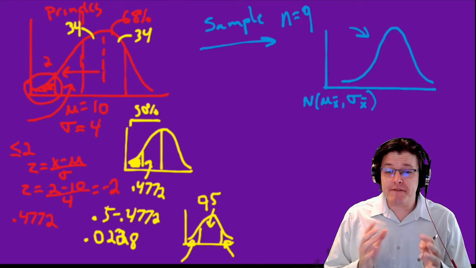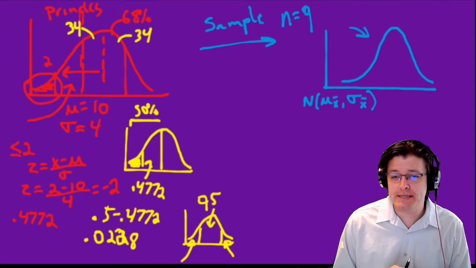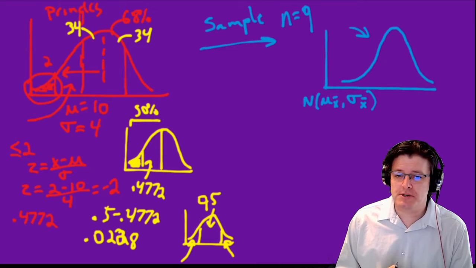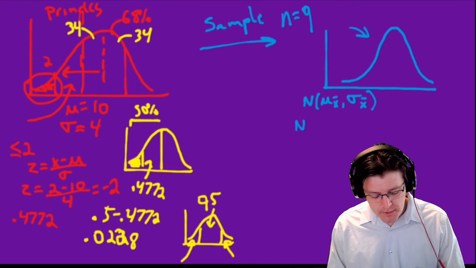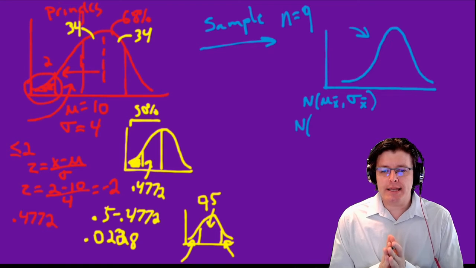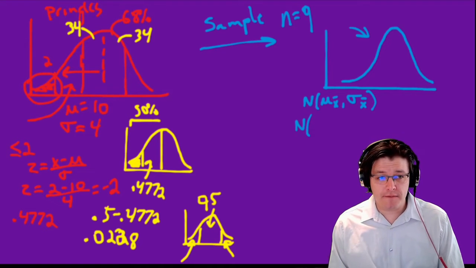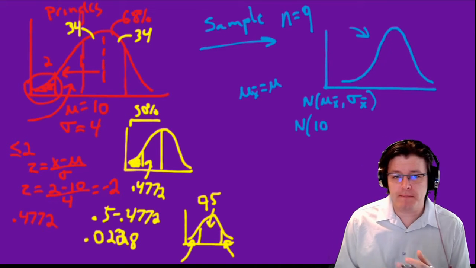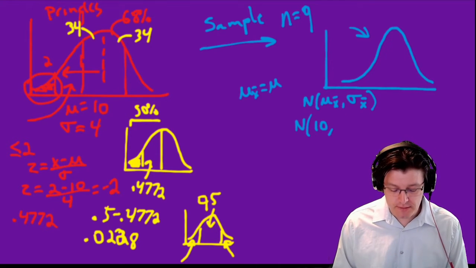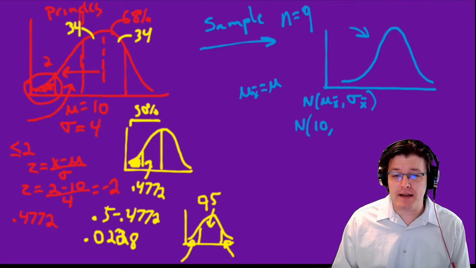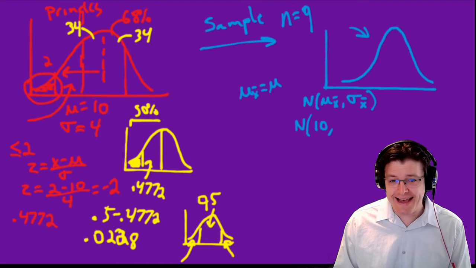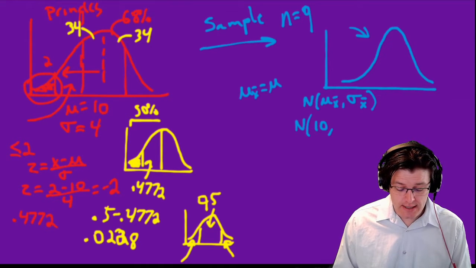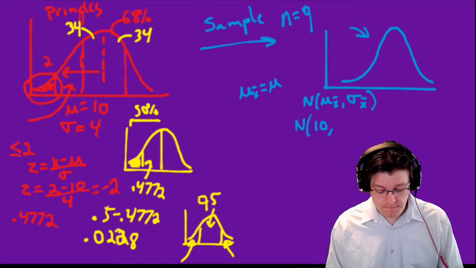It would be a different distribution if we took a different sample size, but again, it would remain a normal distribution. So the normal distribution that we're dealing with has a mean of what? It has a mean of 10, right? Again, the mean of the sample means is equal to the population mean. And what's our standard deviation?